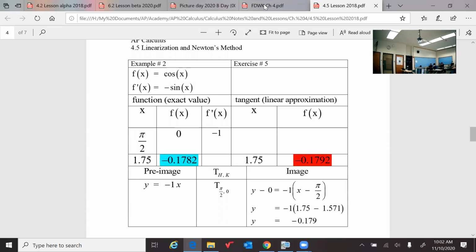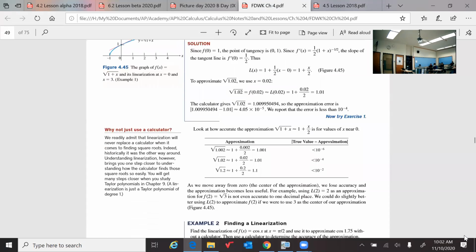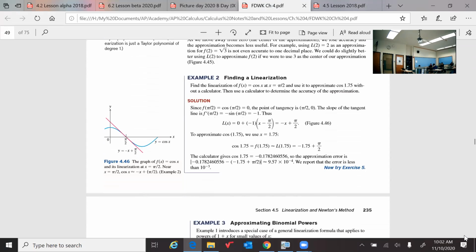There's a picture in the book. There's the cosine wave on the page, 234 at the bottom. Here comes the wave. Okay? And they're saying, let's use this to approximate the cosine of 1.75.